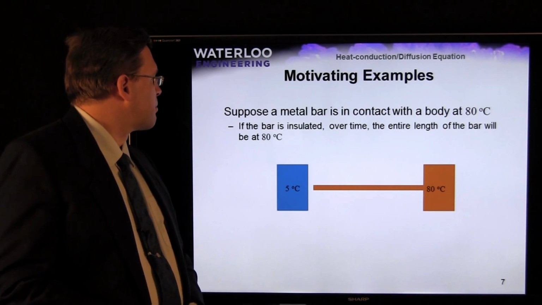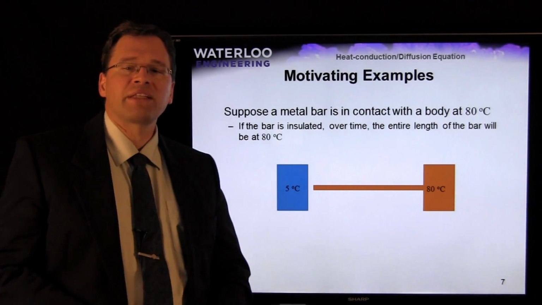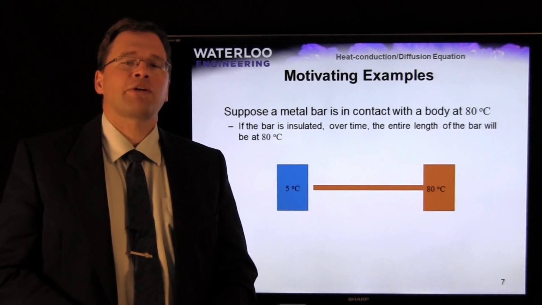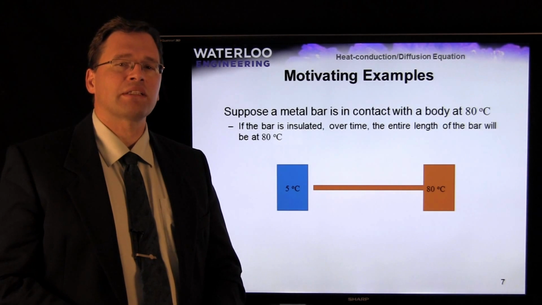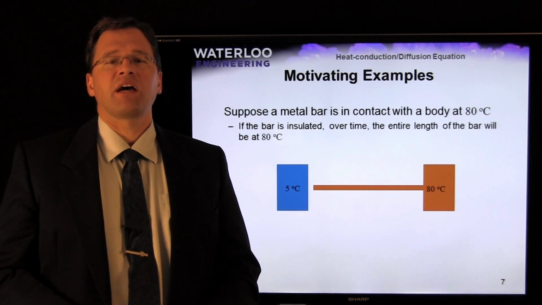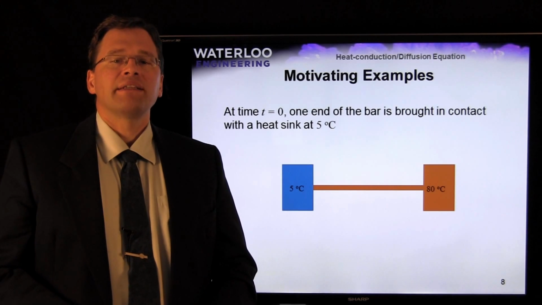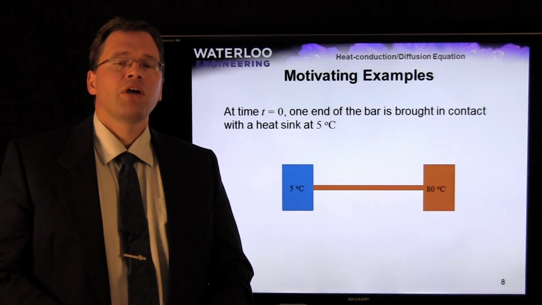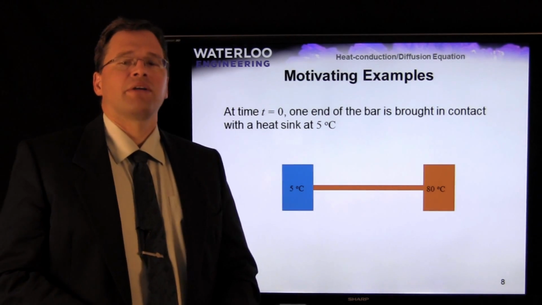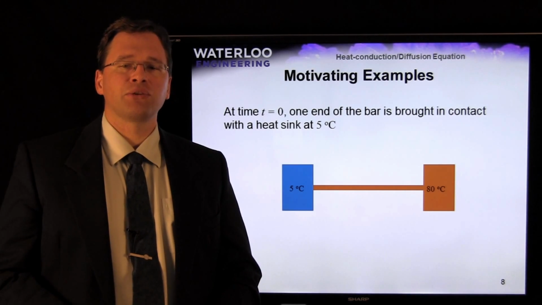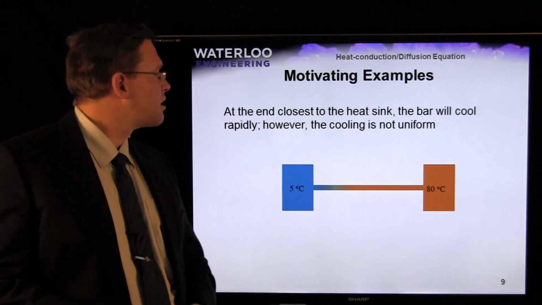Suppose, as a motivating example, we have a metal bar that's already in contact with a body that's at 80 degrees Celsius. Over time, the entire bar will approach 80 degrees Celsius. Suppose at time t0, however, we place the other end of the bar in contact with a body that's at 5 degrees Celsius.